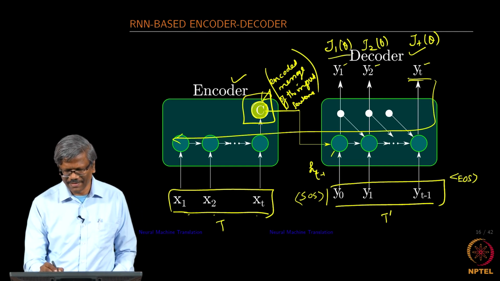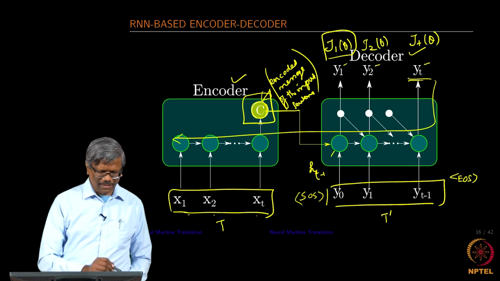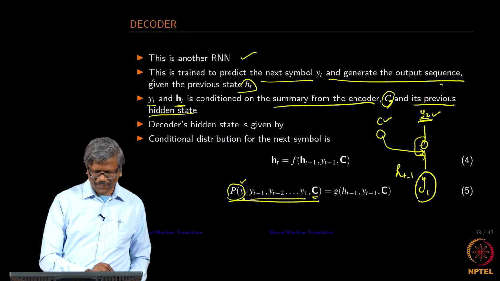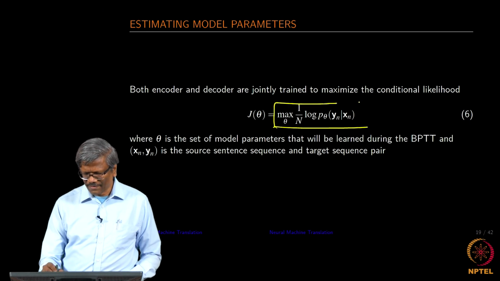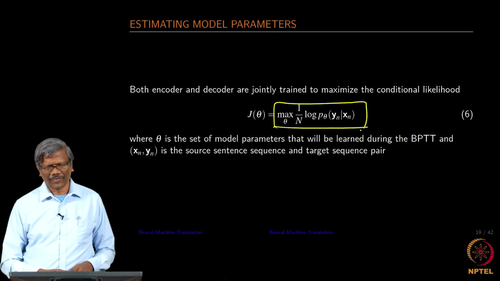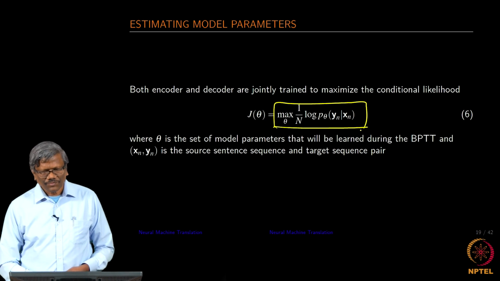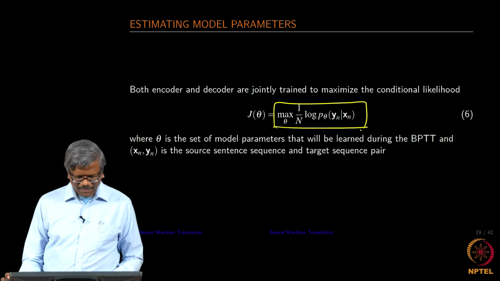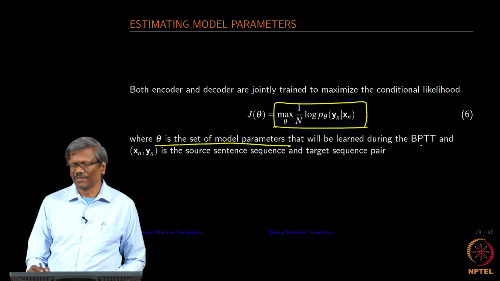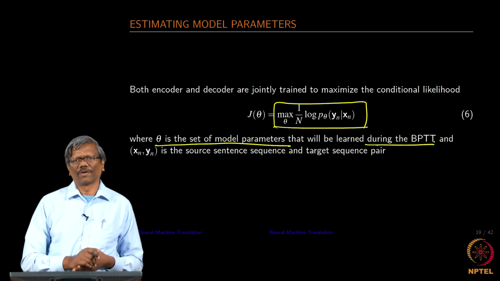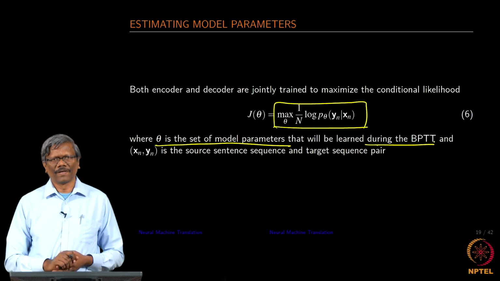So, this Jt is something that we want to estimate, right. We want to maximize that. So, let us use the log likelihood, and theta is this set of model parameters that will be learned during the back propagation through time, right.